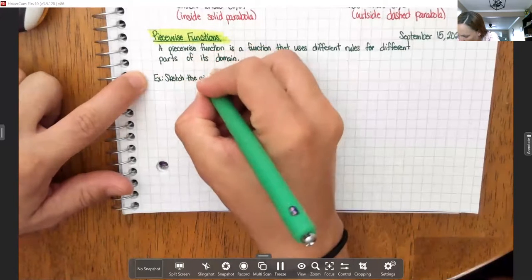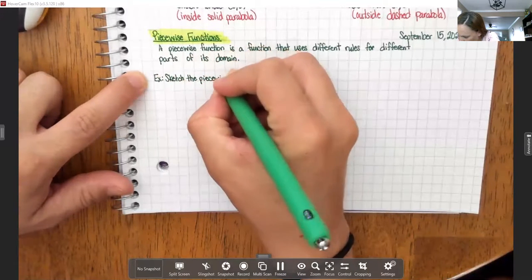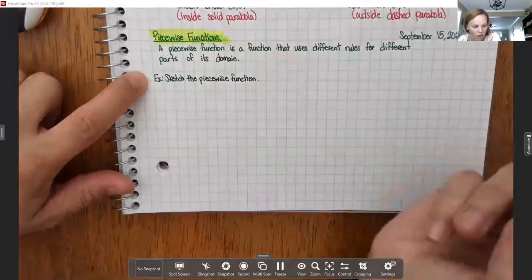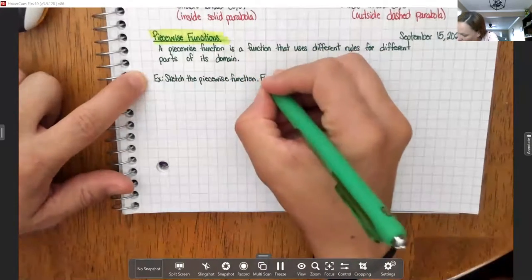So we'll just do an example. Sketch the piecewise function, and then find the domain and range.